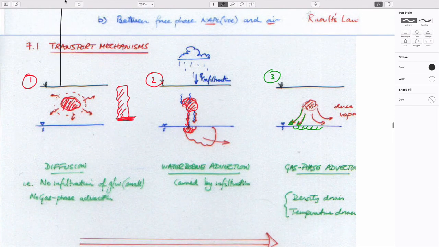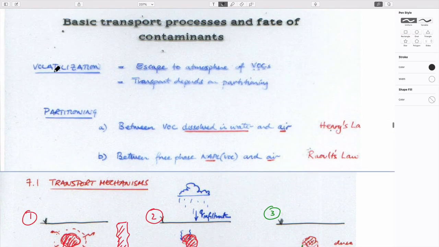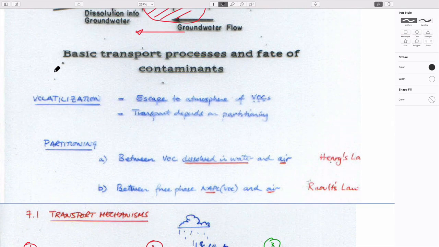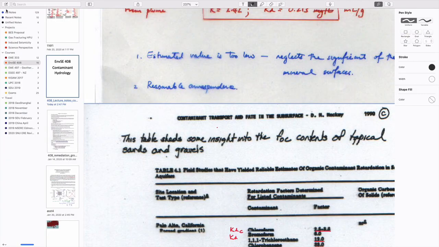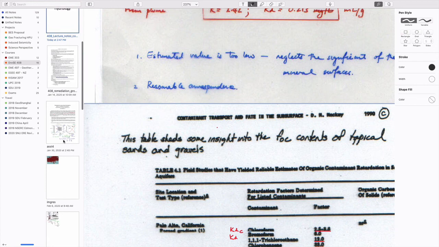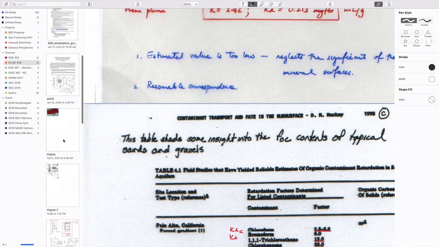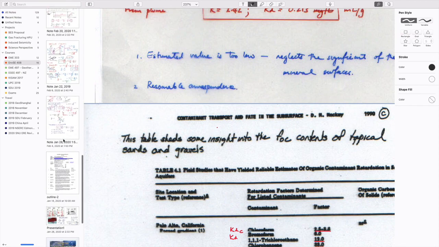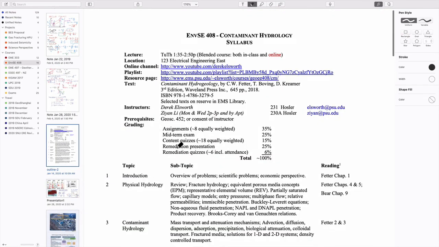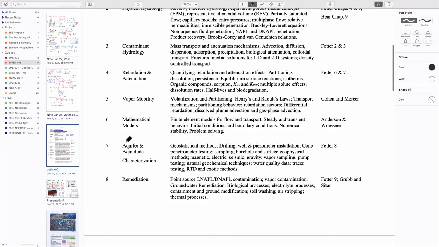The remaining material to deal with is primarily modeling. I guess I have the syllabus in here somewhere, I'm not sure where. The remaining materials to talk about are mathematical models, which we won't talk about until after the break.